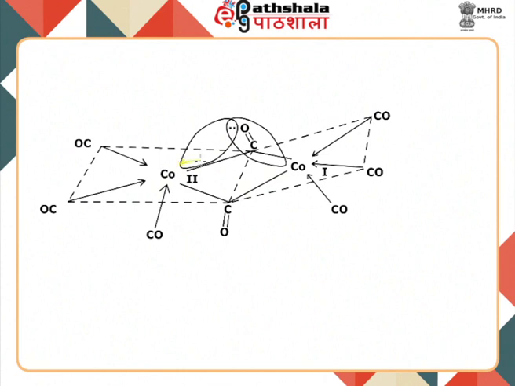As I told you, these are the two orbitals which are overlapping between the two cobalts, and this is the sigma bond formed, and notice that this is the bent bond. And furthermore we have understood that this is one carbonyl between the two cobalts, and this is the bridging carbonyl.